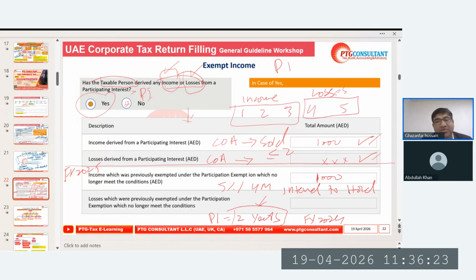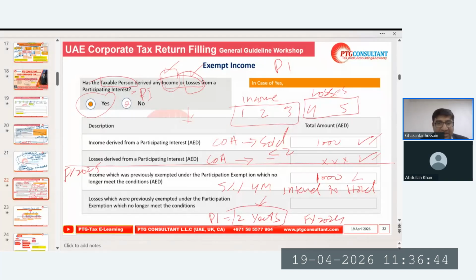The first year was deductible and reduced our taxable income, but because we sold the share before 2 years, now we are adding the same income back. So we say crystallize. Crystallize means the exemption we took last year is now taxable.